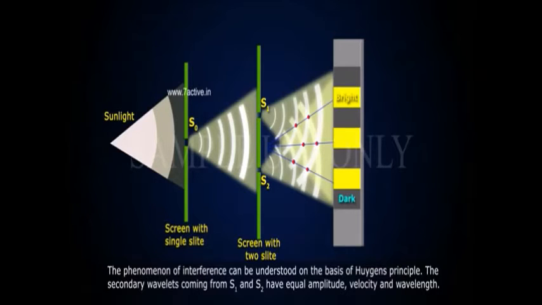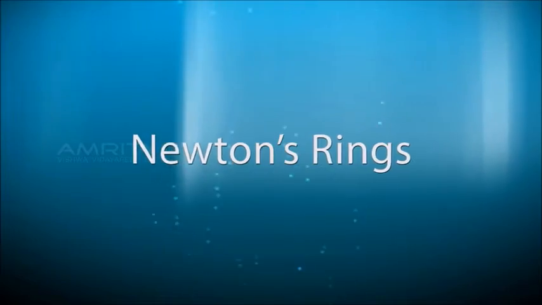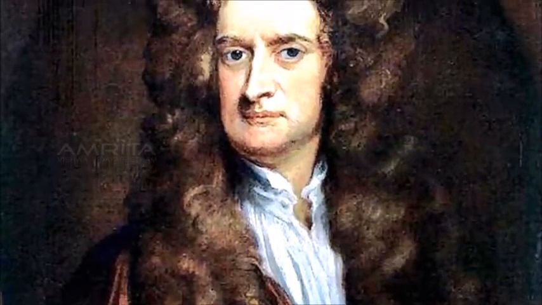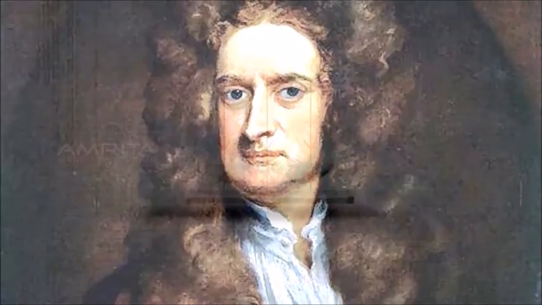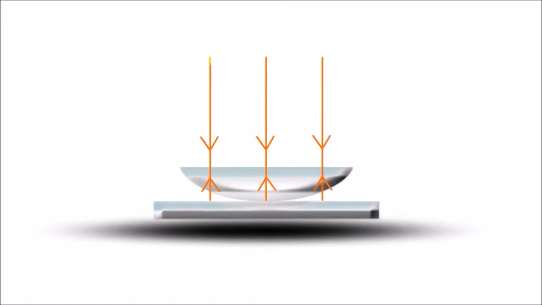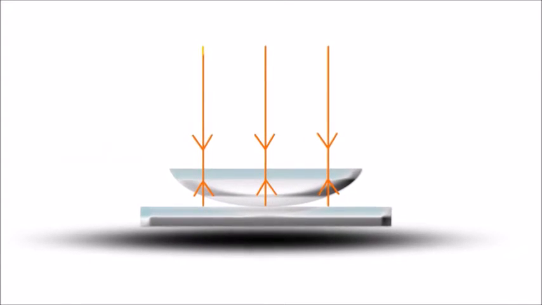The phenomenon of Newton's rings, named after Isaac Newton, is an interference pattern caused by the reflection of light between two surfaces, a spherical surface and an adjacent flat surface.